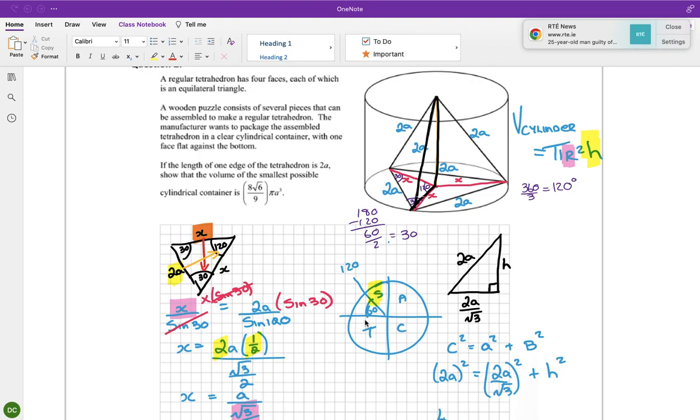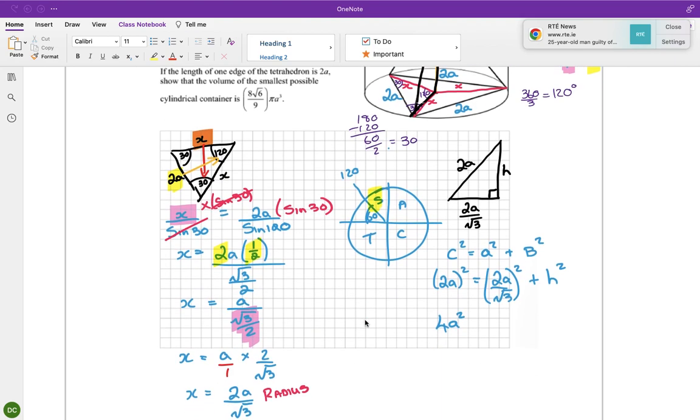I have 4a squared, square the 2, square the a, and then I have 4a squared over 3 plus h squared. I'm going to minus 4a squared over 3, and I'm going to minus 4a squared over 3.